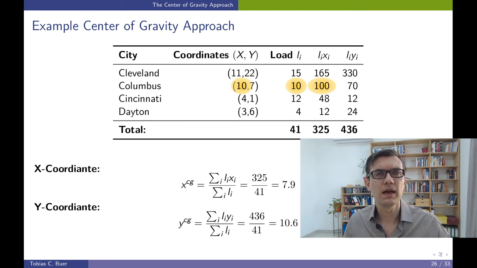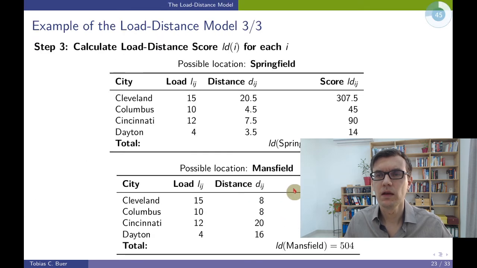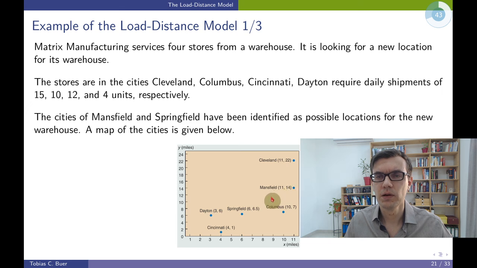So let's go back to the example with the map and try to locate this point on the map. So we have roughly 8 and roughly 10.5. Let's go back to our map.